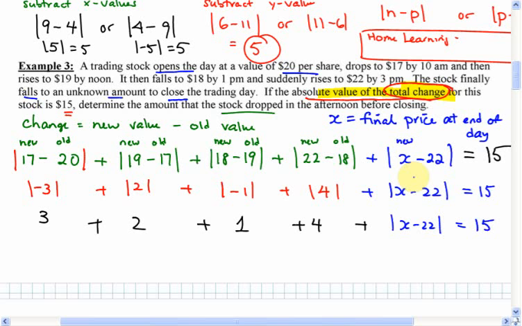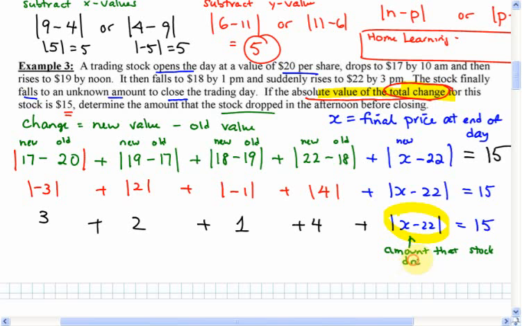So that's another way of saying determine the change in the price. What here in this equation represents the change in the price? It's not 15. It's this whole thing. Yeah, I'm looking for this whole thing here. The absolute value of x minus 22, because this represents the amount that the stock dropped.